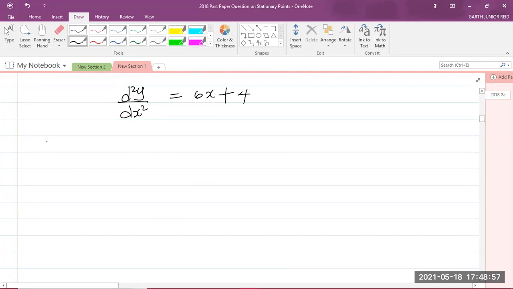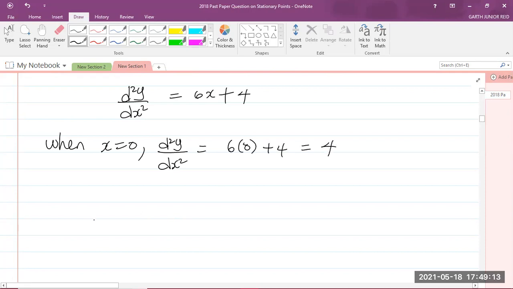Okay, so the first one we are calculating is x equals 0. So when x equals 0, we can say that d2y by dx squared is equal to 6 times 0 plus 4, which is equal to 4, right? And this value here, 4, is positive, okay?